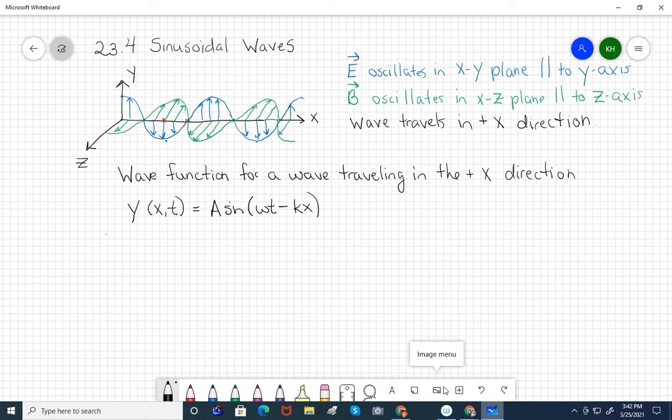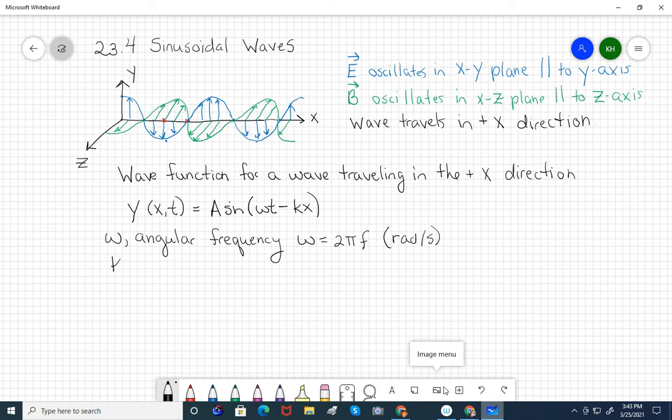Omega is called the angular frequency. And it is equal to 2 pi times the frequency. It has units of radians per second.